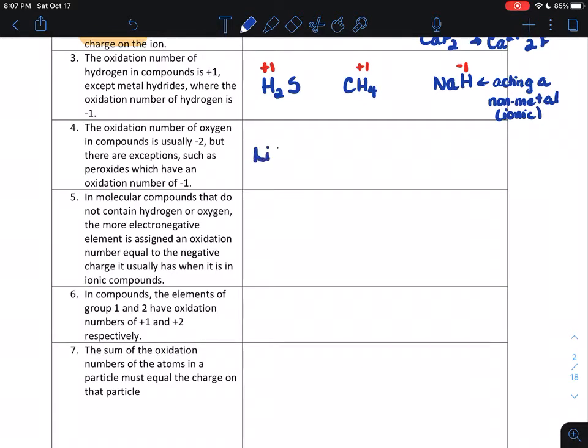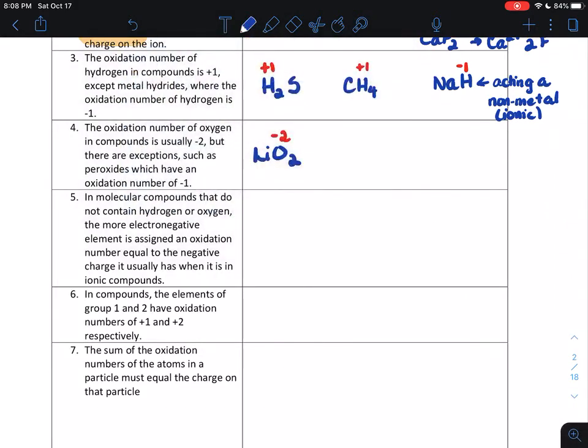So my first example is LiO2. And again, I'm ignoring the lithium. I can go back and figure out the oxidation numbers, and in fact I will at the end of this when I show you how to do that, but for the time being we're going through the rules one at a time. So I see oxygen, automatically oxidation number -2.